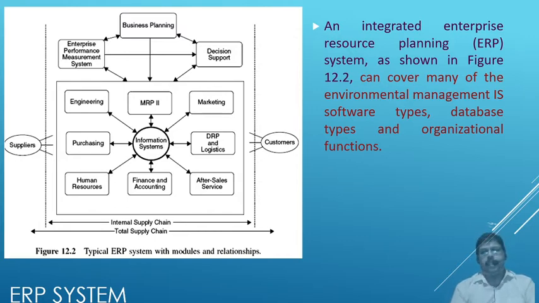The different stages, that is inbound, production and outbound, have to go through many departments. You can see in the diagram a typical ERP system model and the relationship among them.